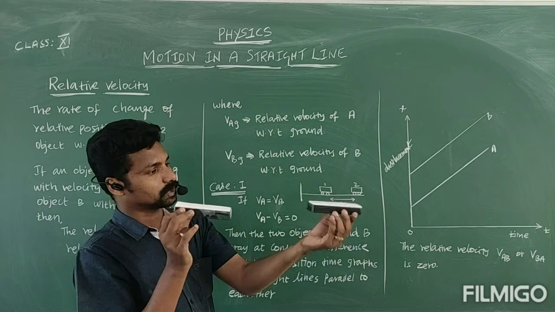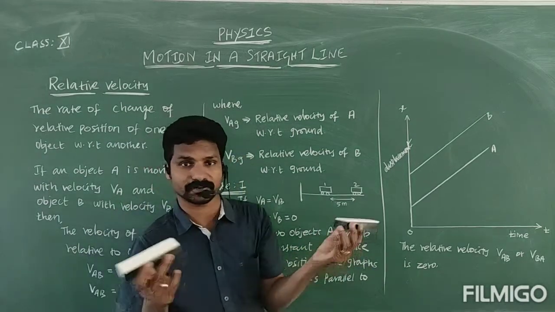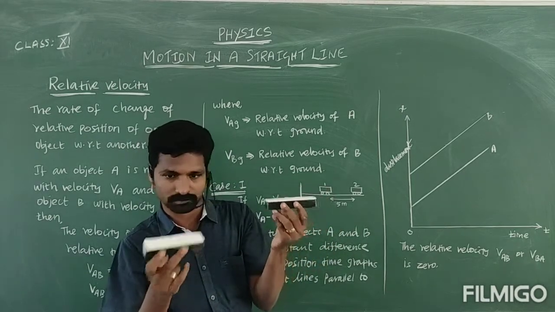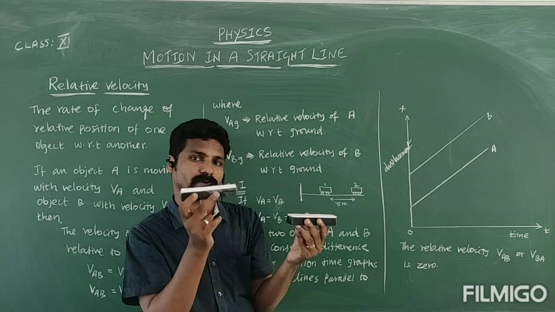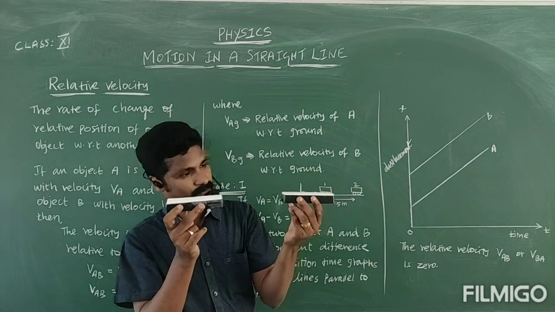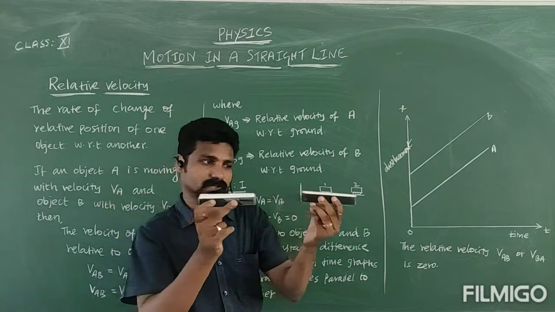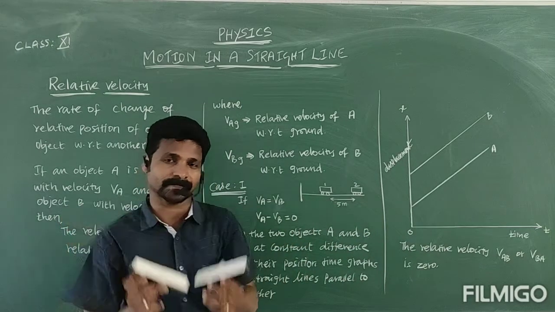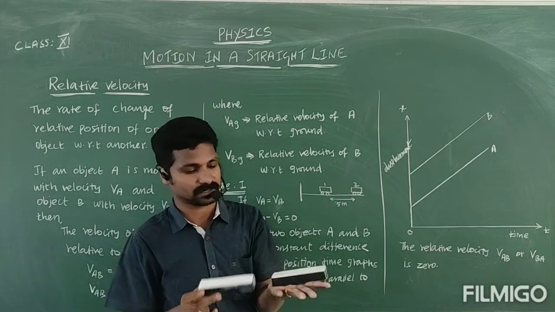So now how can we compare relative motion? How can we say the relative motion? Suppose car A is at 50 km per hour, and B is also at 50 km per hour. Then the gap will be constant.